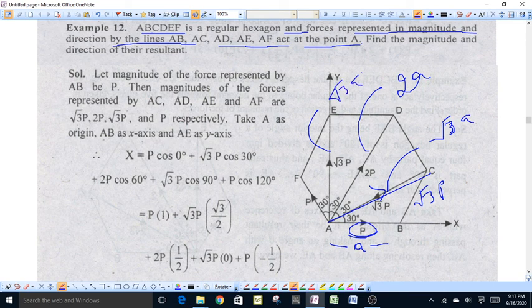Because magnitudes of forces are proportional to the lengths of AC, AD, AE, AF, if the magnitude of force along AB is equal to P, then the magnitude of force along AC will be equal to √3P, along AD will be equal to 2P, along AE will be equal to √3P, and along AF will be equal to P.